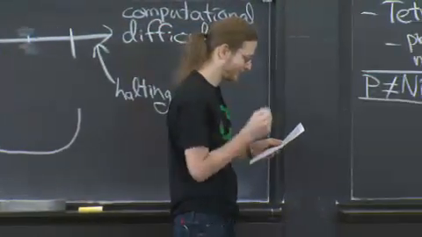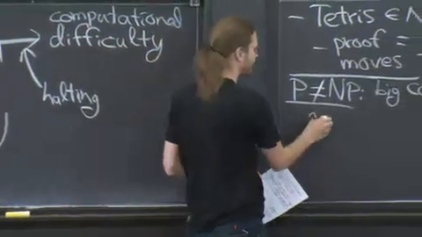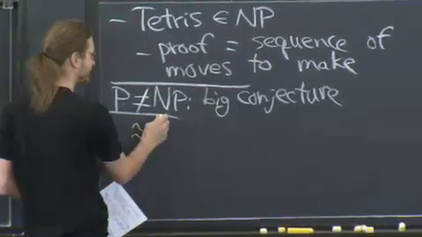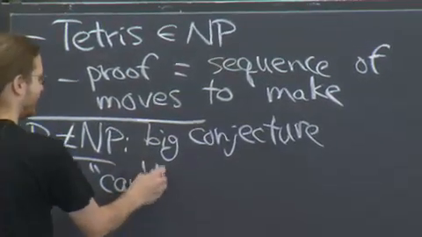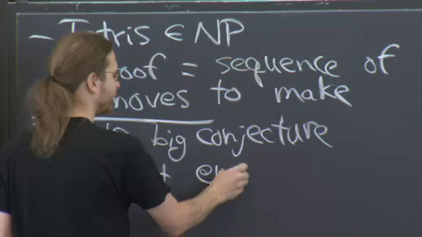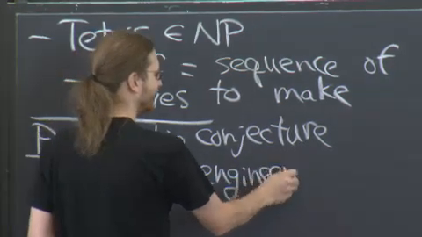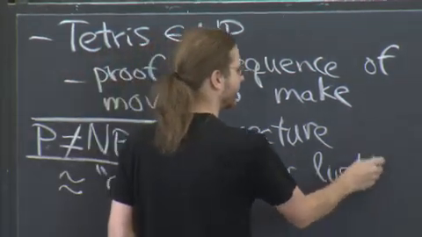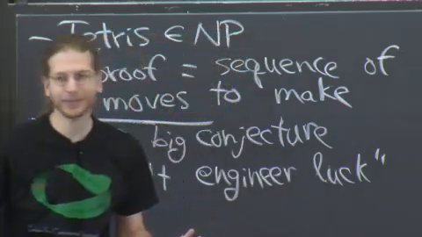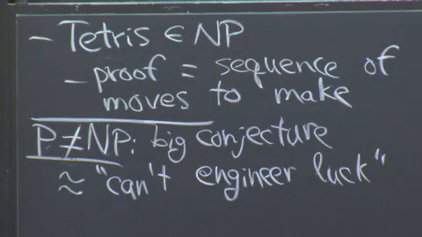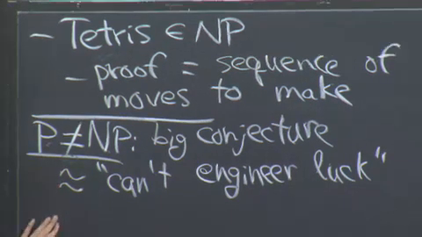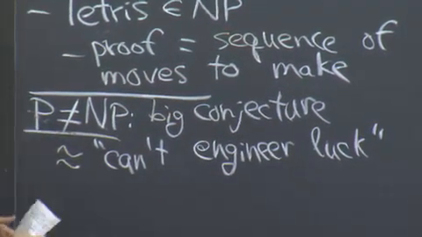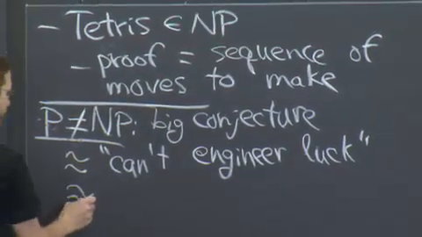So what other phrasings of P does not equal NP are there? These are my phrasings, I made them up. You can't engineer luck. Okay, you can believe in luck if you want, but it's not something that we can build out of a regular computer. That's the meaning of this statement. And so I think most people believe that.